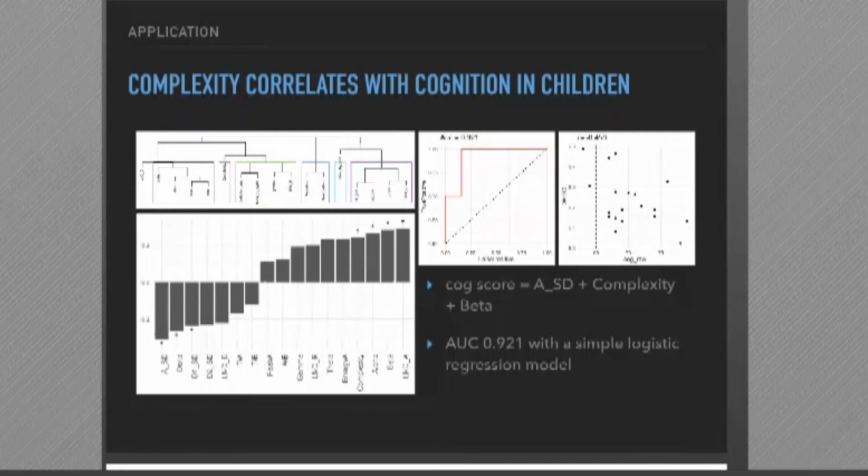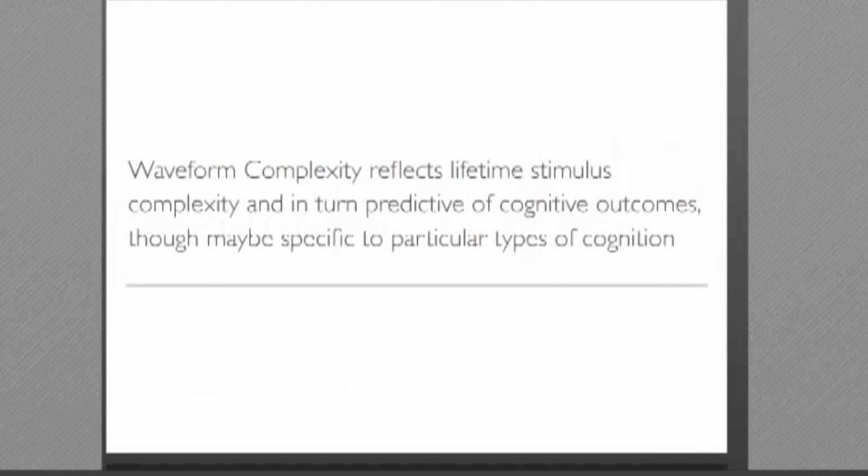So in conclusion, I want to say that waveform complexity itself reflects lifetime stimulus complexity, which in turn is predictive of the cognitive outcomes. Though they may be specific to particular types of cognition, which we've gone through today.